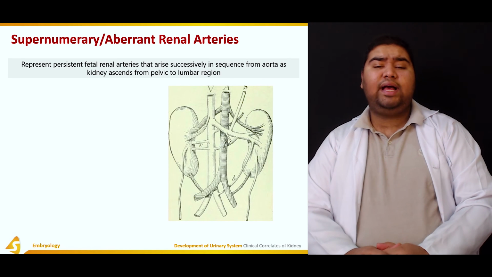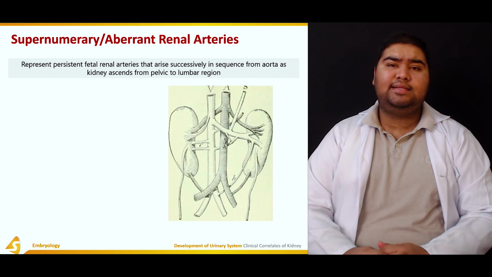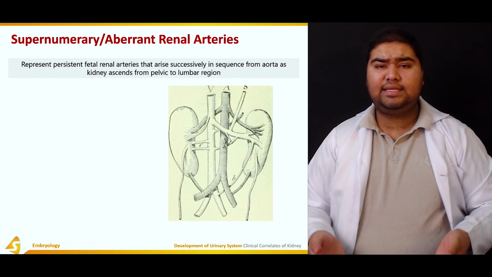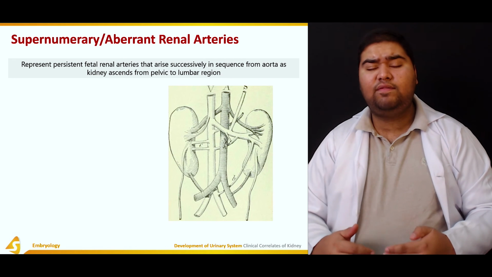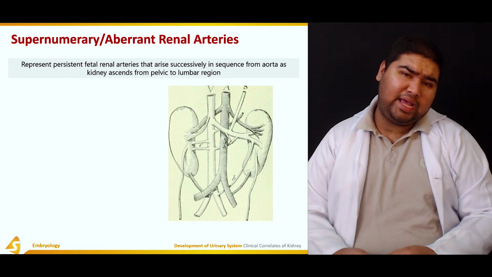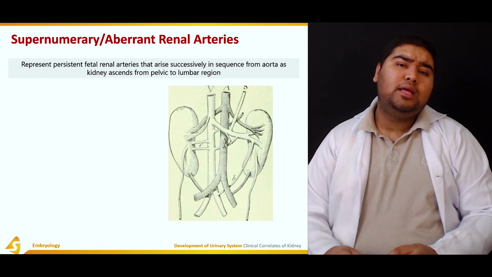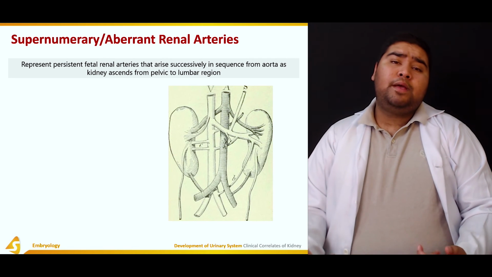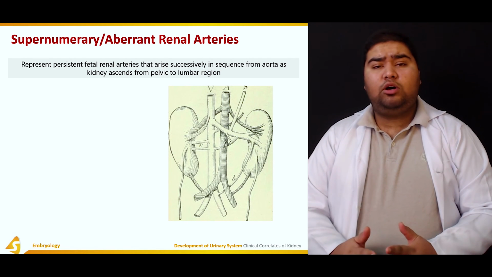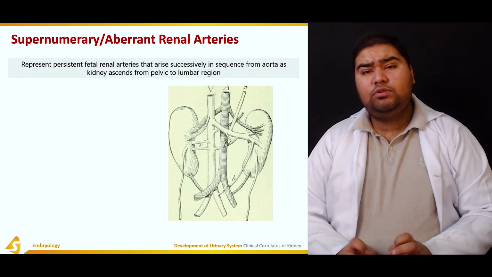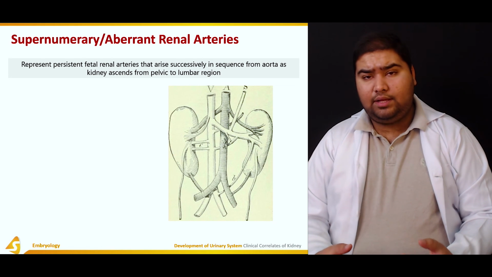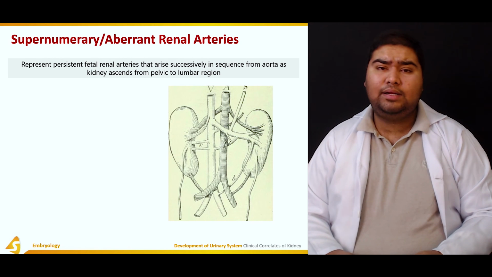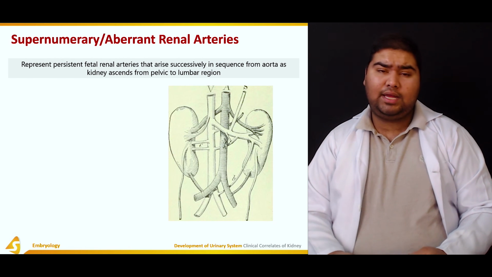And now we have the supernumerary or aberrant renal arteries. We talked about this earlier. During the ascent, the kidney progressively attains newer blood supply. Initially, the kidney was supplied by the median sacral artery, but as the kidney moves up, various branches from the abdominal aorta continue to supply it until it achieves its thoracolumbar position, so that the adult renal artery may supply the kidney.